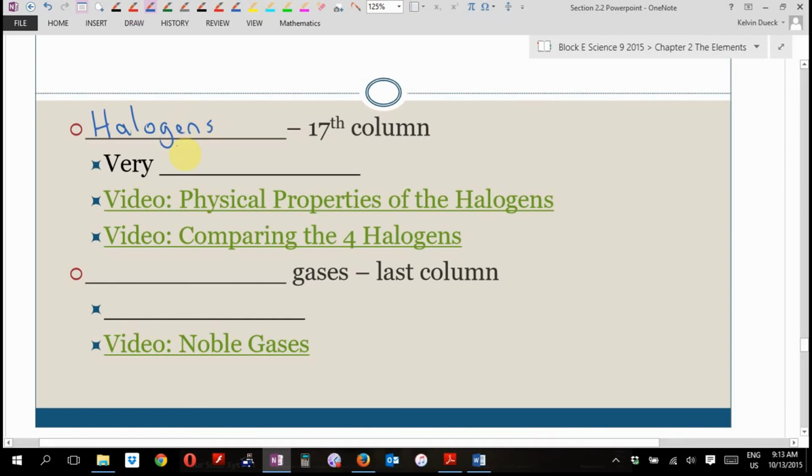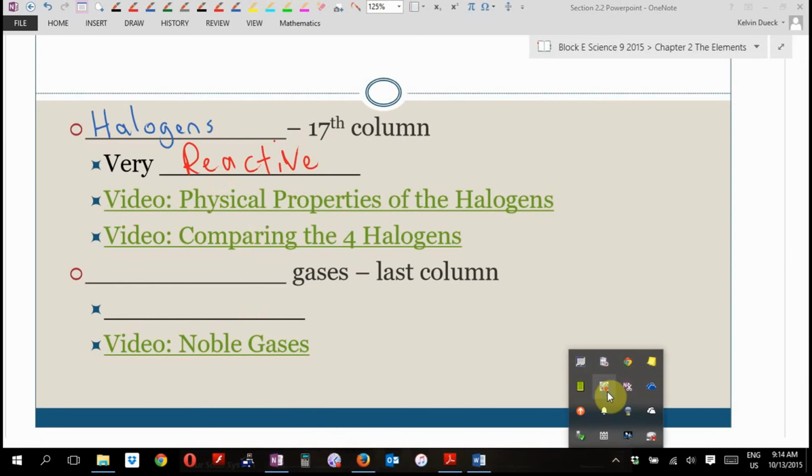These are very, very reactive, to the point where most of them will burn your skin. They'll rip electrons from your skin. In fact, all of them will. Put your pencils down.